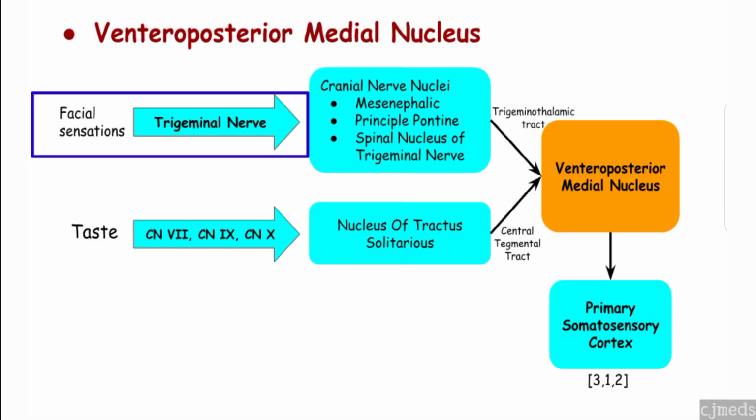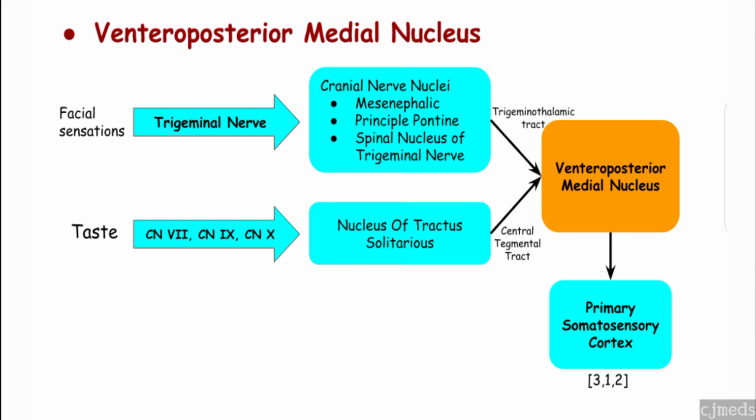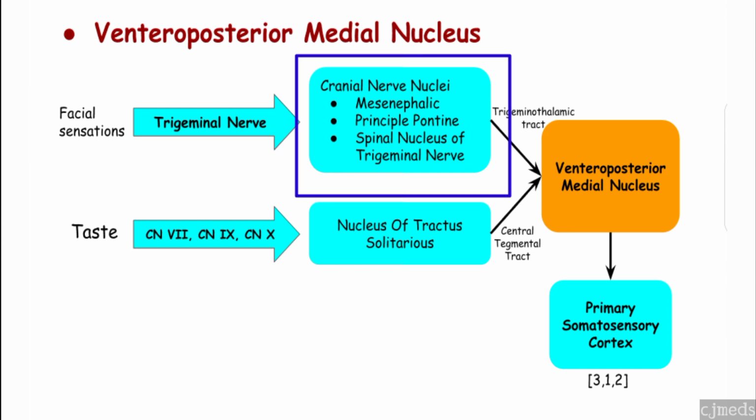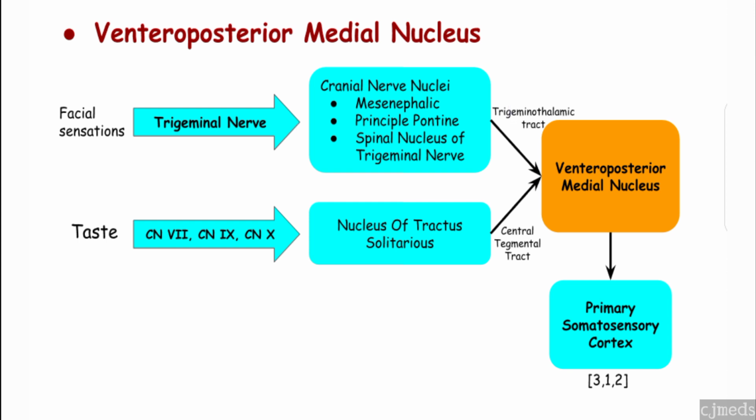All these facial sensations are carried via the trigeminal nerve. These sensations are given to different cranial nerve nuclei like the mesencephalic, principal pontine and spinal nucleus of the trigeminal nerve. Then these nuclei give their efferents that synapse on the ventero-posterior medial nucleus through the trigeminothalamic tract.